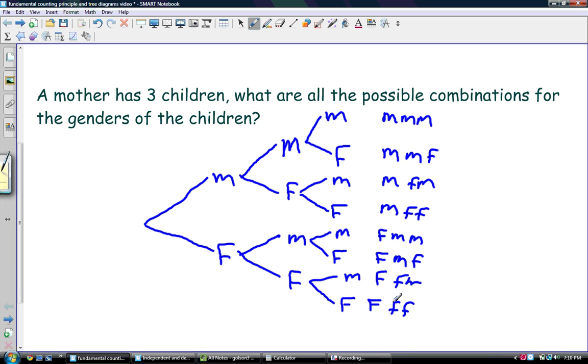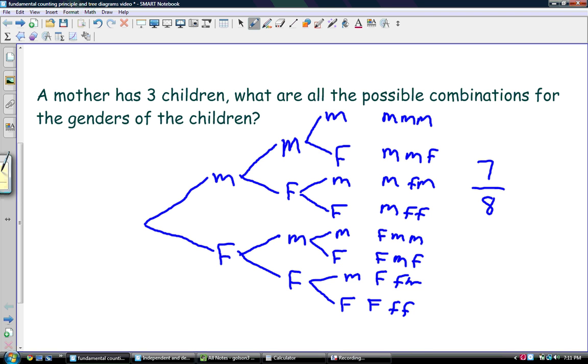That's got two, and all three. So 1, 2, 3, 4, 5, 6, 7 favorable outcomes there. And we had counted up before, there were 8 total outcomes. So the probability of having at least one female is pretty good when you have 3 children. It's 7 out of 8 times people will end up with at least one female.